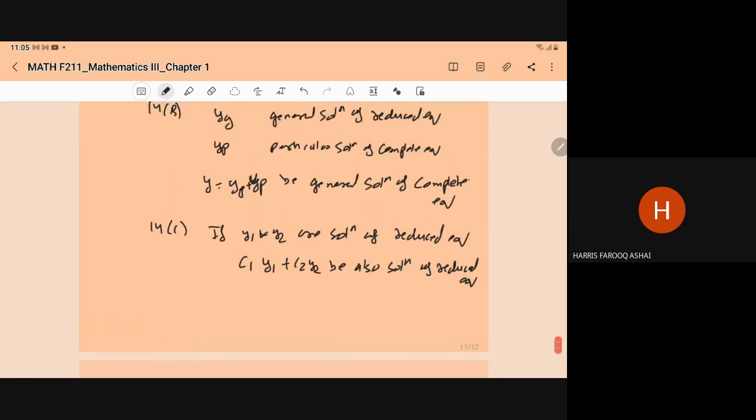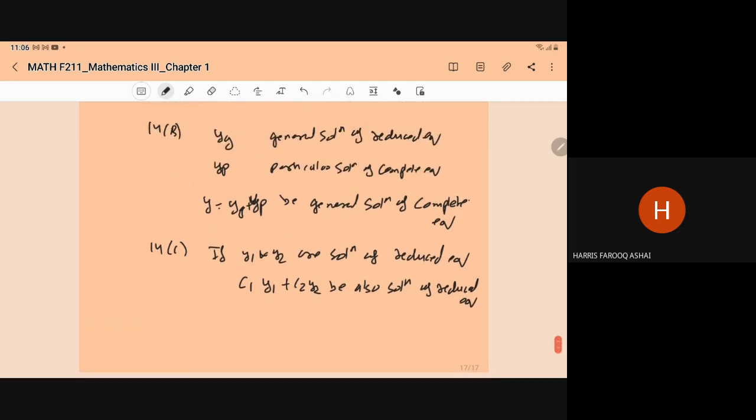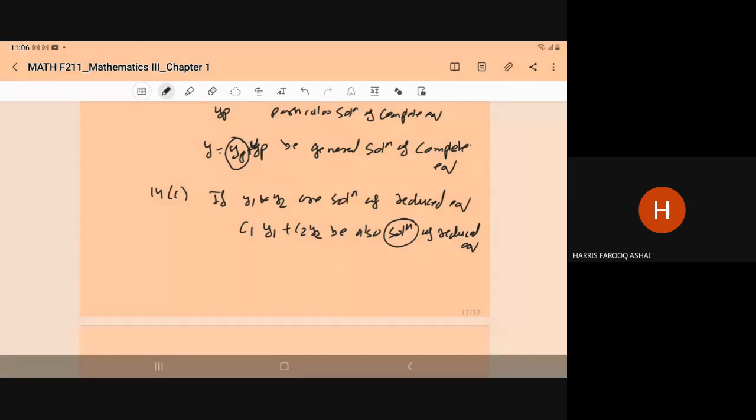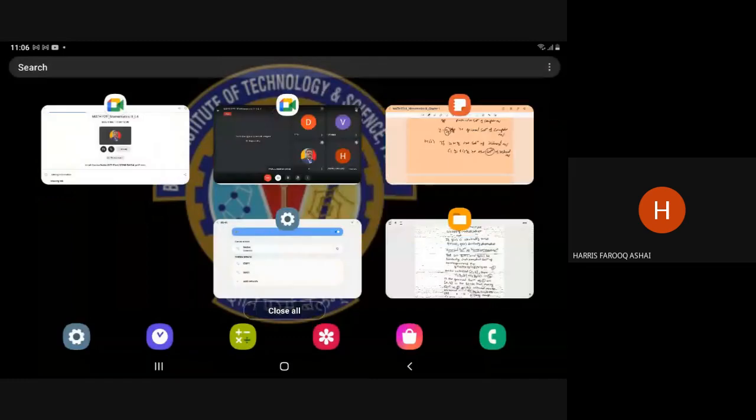But in 14b, we said that yg is the general solution. Here I am saying that it is only a solution, I am not claiming it is the general solution. So for that we have theorem 15.